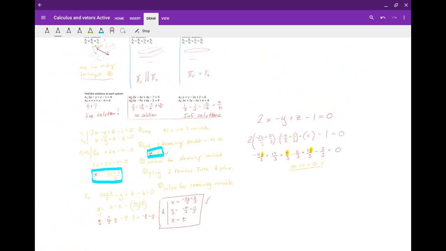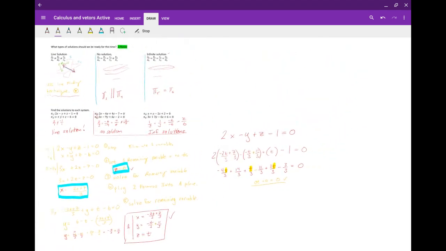Sorry about that mix up there. It's always nice to make a mistake and go back and find it. All right, so there we have it. Intersections of two planes.